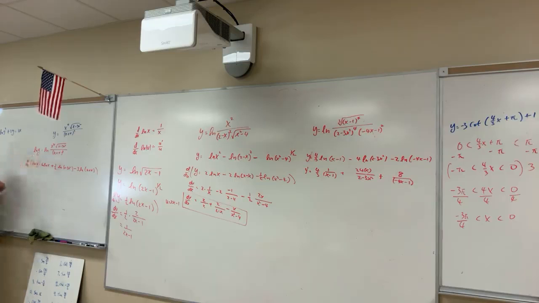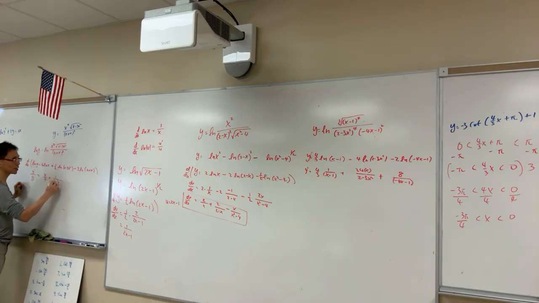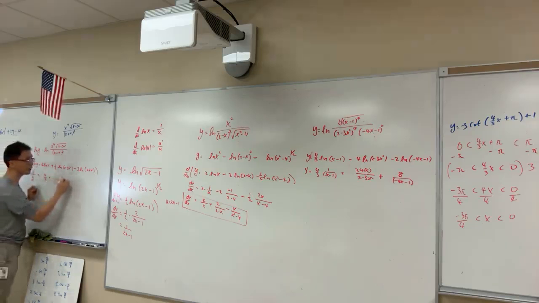There you go. Because there's a y prime over y, like u prime over u. Then you're going to have 4 over x, right? Plus 1/2 to the x minus 3x squared minus 3 to the x plus 4.